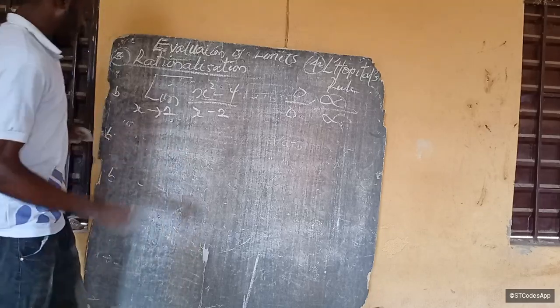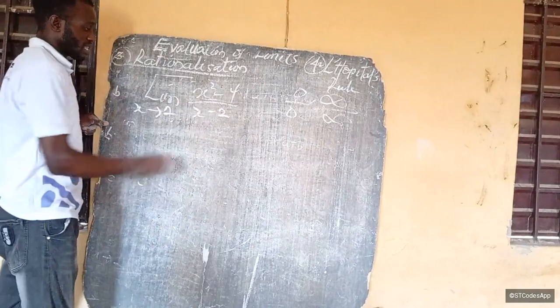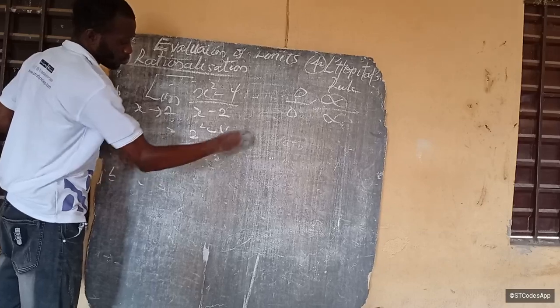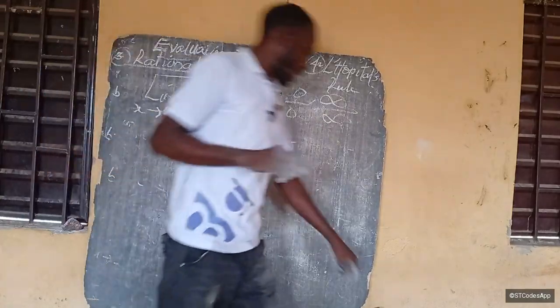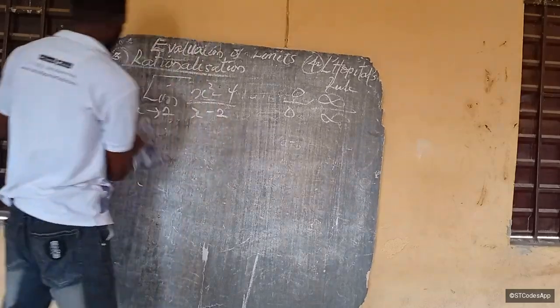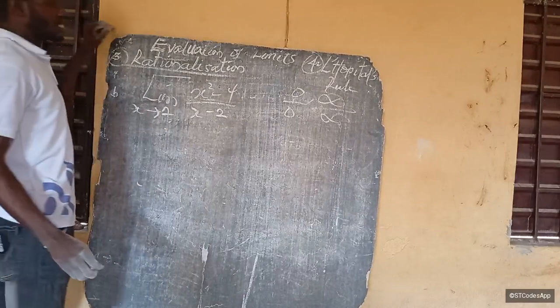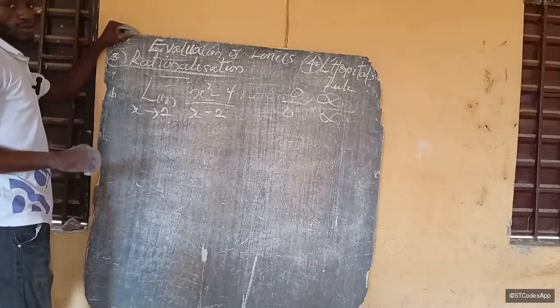Okay? So if you substitute this guy into this case, it's going to be 2 squared minus 4 over 2 minus 2, which will give you 0 over 0. So in this case, L'Hopital's rule can work. So the idea of L'Hopital's rule is this: differentiate both numerator and denominator until we can no longer get 0 over 0.